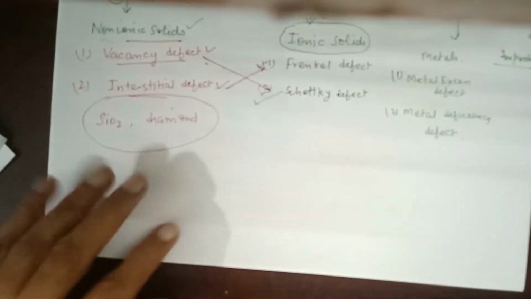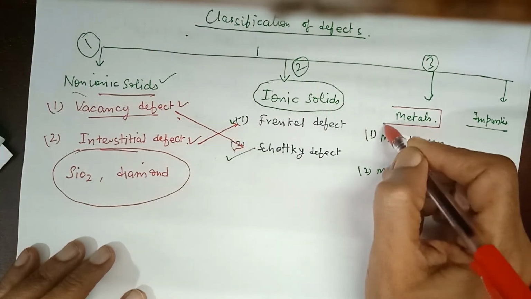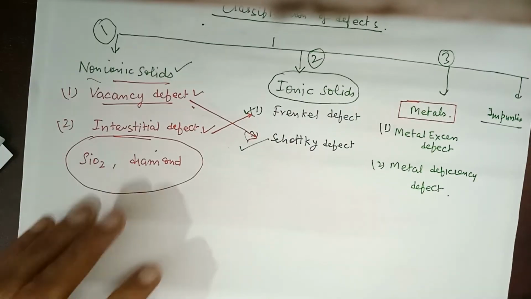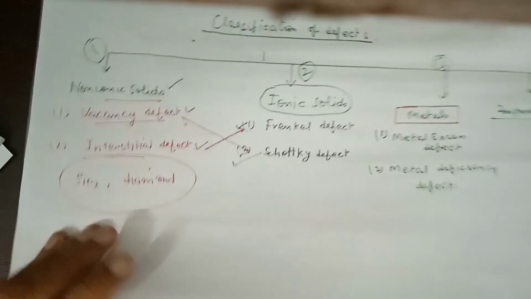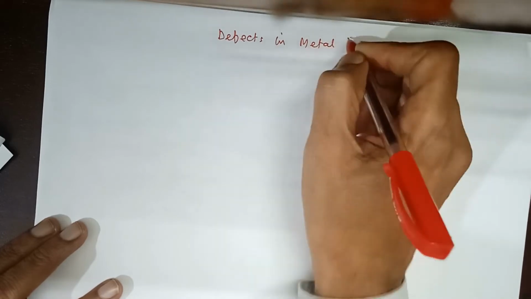Now the third type of defects is in metals. One is metal excess defect and one is metal deficiency defect. So let us take a fresh page for defects in metal solids.